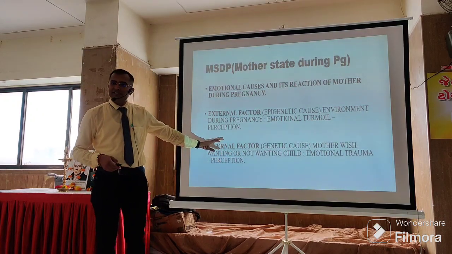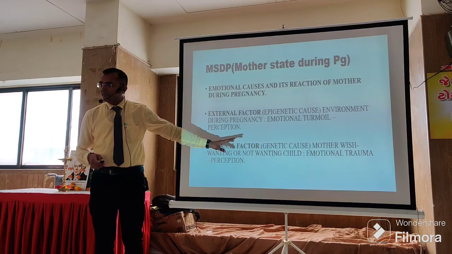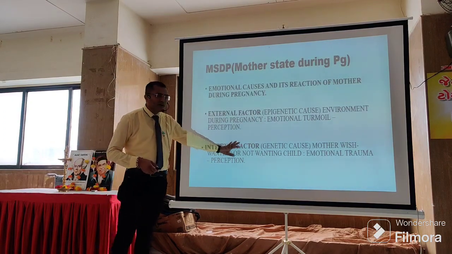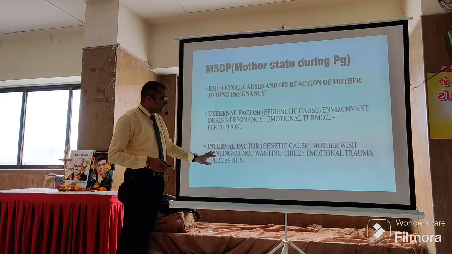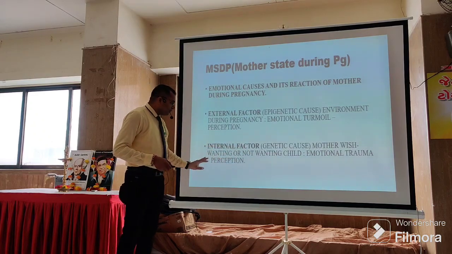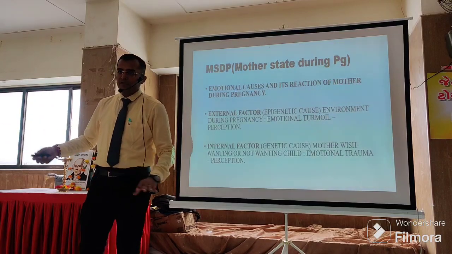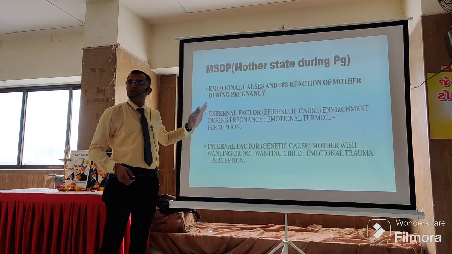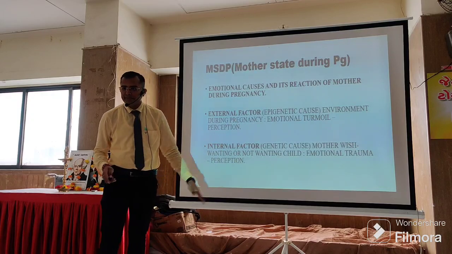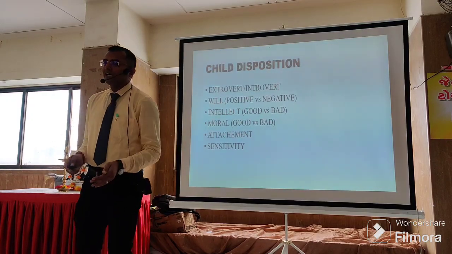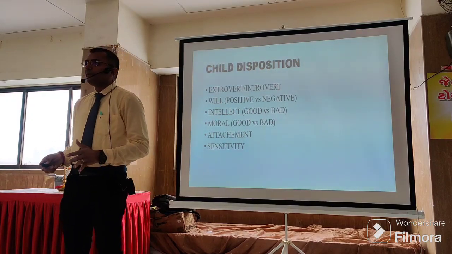That is called antagonism with the self. Okay. So this is the internal factor, a genetic factor which can lead to emotional trauma, and that emotional trauma leads to the perception of the mother. So this perception has to be taken into consideration. Very important.